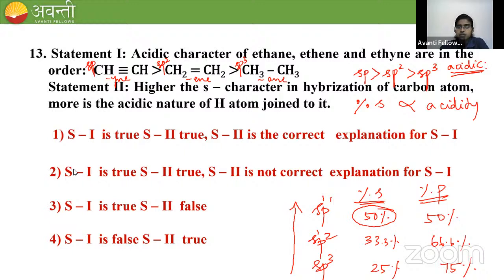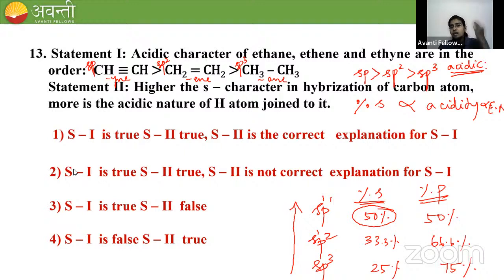So I will tell you the answer for that. The acidity of an sp hybridized system is more because the electronegativity of the sp hybridized carbon is more. It is also directly proportional.